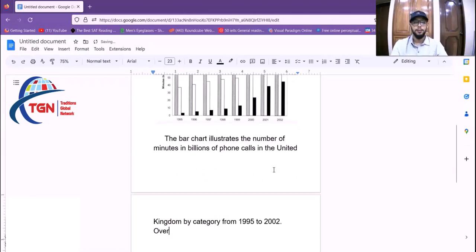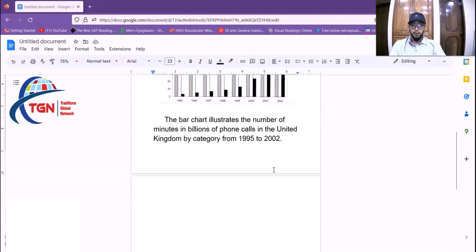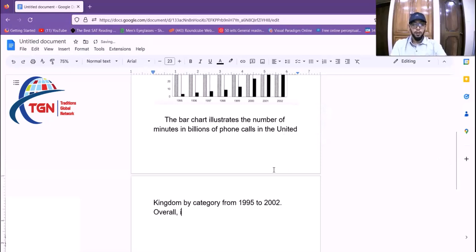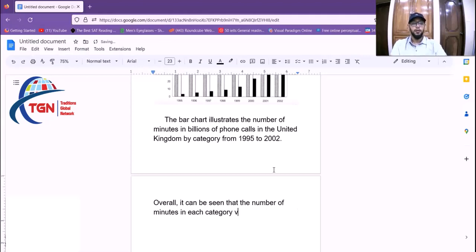So overall, it can be seen that the number of minutes in each category varied at the beginning of the period but converged at the end.